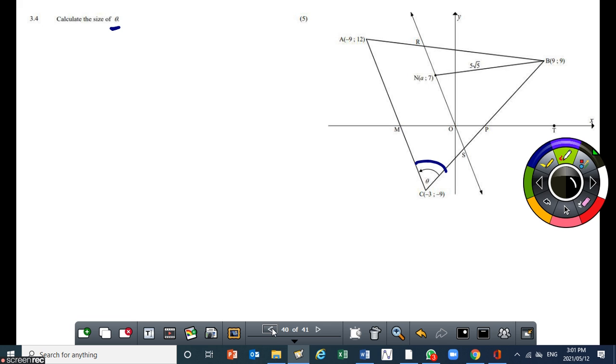Now, this question here, it's a little bit complex. But it can be done. So if you want to find this theta here, this is how I'm going to do it. Already, I know the gradient of AC. Am I right? So I can find the size of this one.